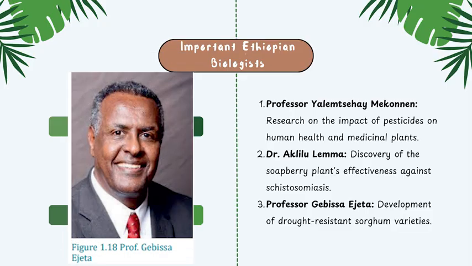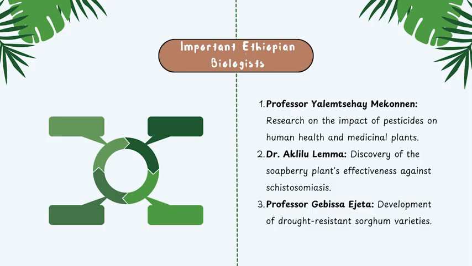Professor Gebisa Ejeta developed drought-resistant sorghum, improving food security across Africa, and he was awarded the World Food Prize for this life-changing achievement. These scientists show us that Ethiopians can and do contribute to global science.